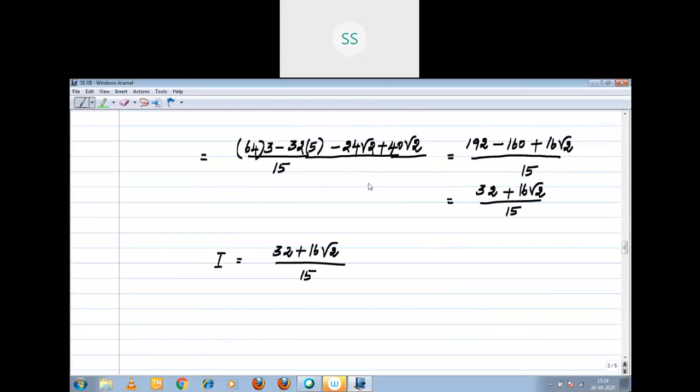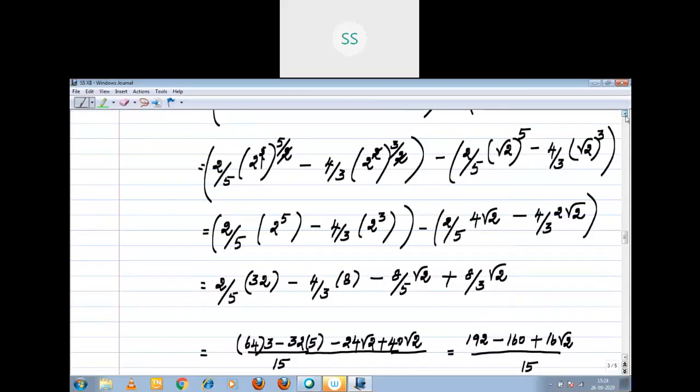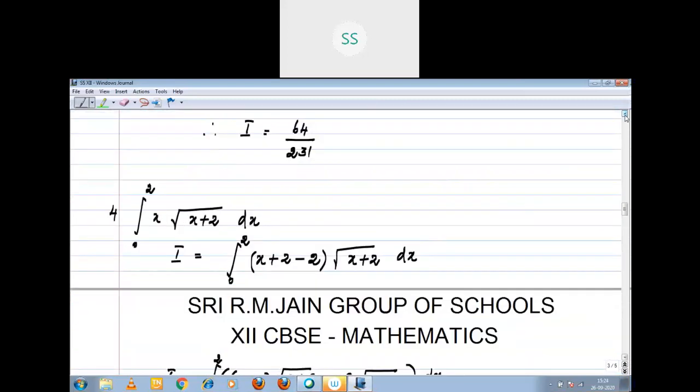Once again, I am going to explain the sum. You have to listen carefully, children. See, integral 0 to 2 of x into root of x plus 2 dx. The given integrand we cannot integrate directly. So sometimes we can adopt some substitution, sometimes we can adjust the given function based on the given format.